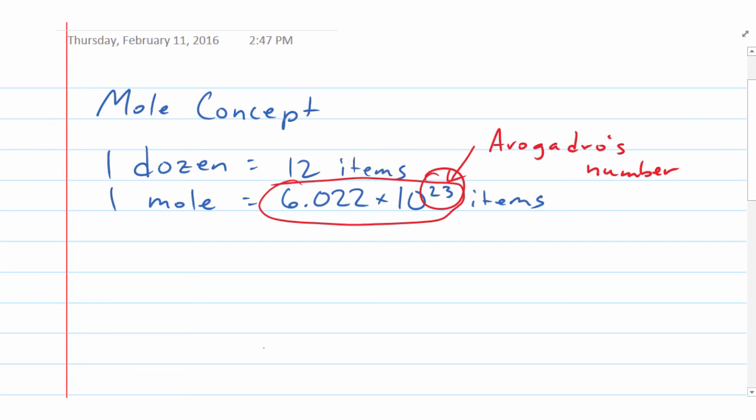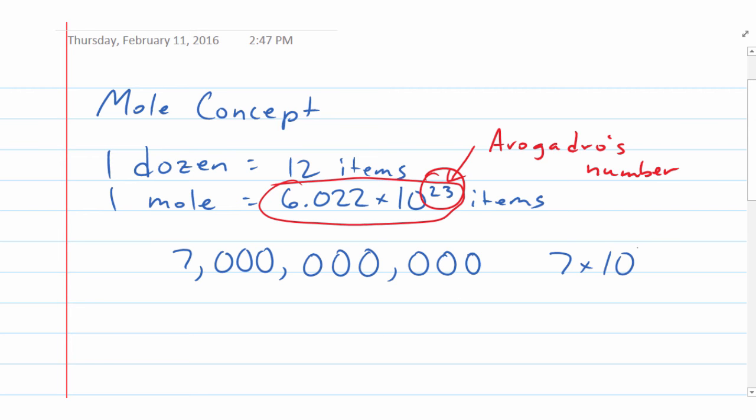Because, for example, if we talked about the number of people on this earth, and I forget exactly where we're at, does anybody know? Are we 7 billion now? Okay. So if we're over 7 billion, we'd write this number like this, which would be 7 times 10 to the 9th people.